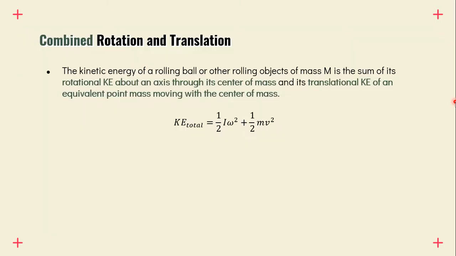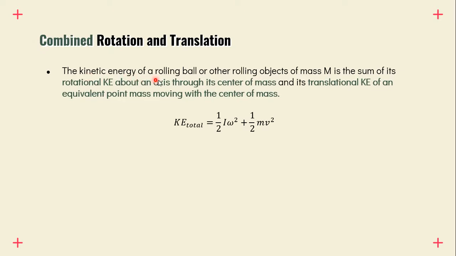How about combined rotation and translation? When does this happen? This happens during plane motion, or motion where a spherical object rolls on a flat surface. This is basically called the rolling motion.